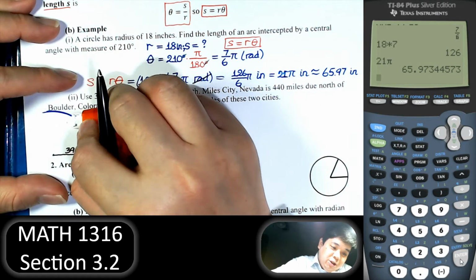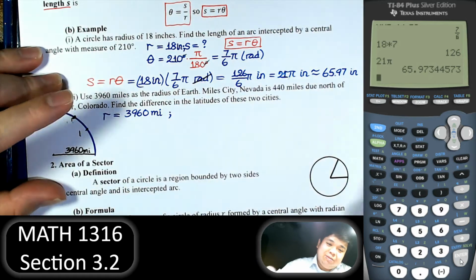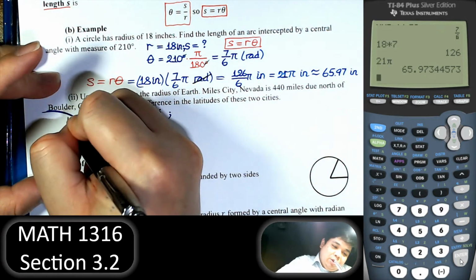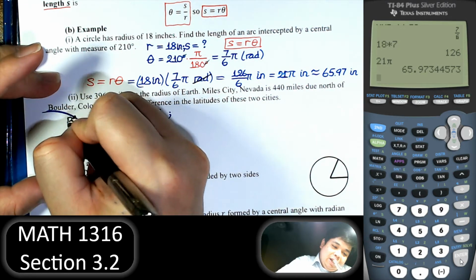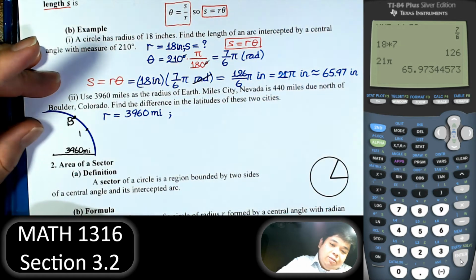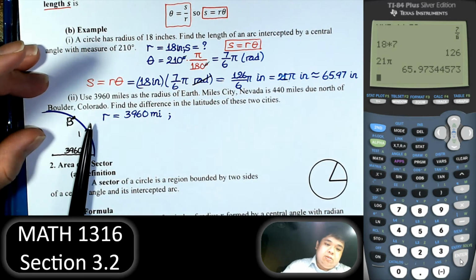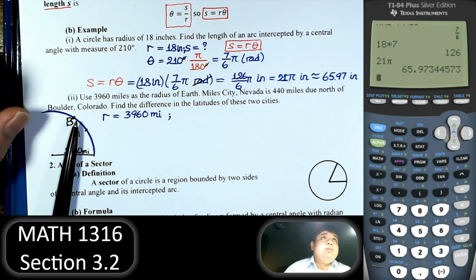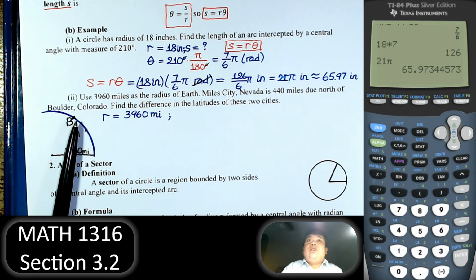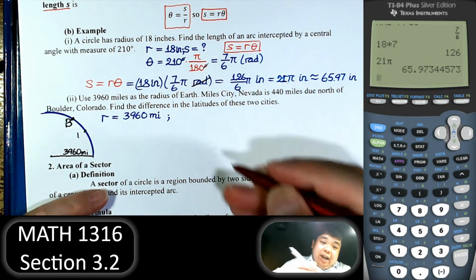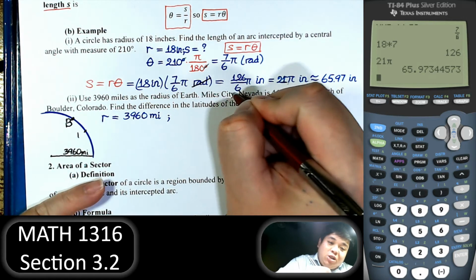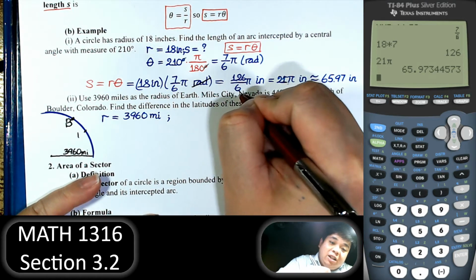I got the geometry wrong. Sorry about that. I have to quickly go to Google Maps and check. This is a typo. When I typed it, Miles City is not in Nevada.